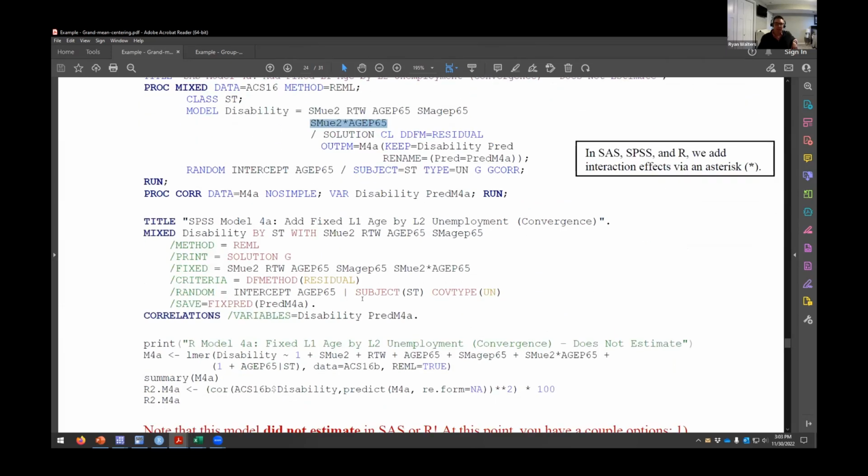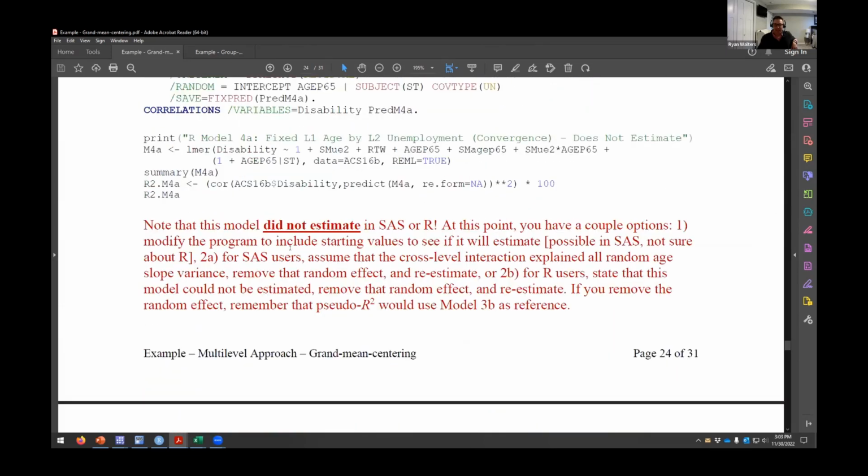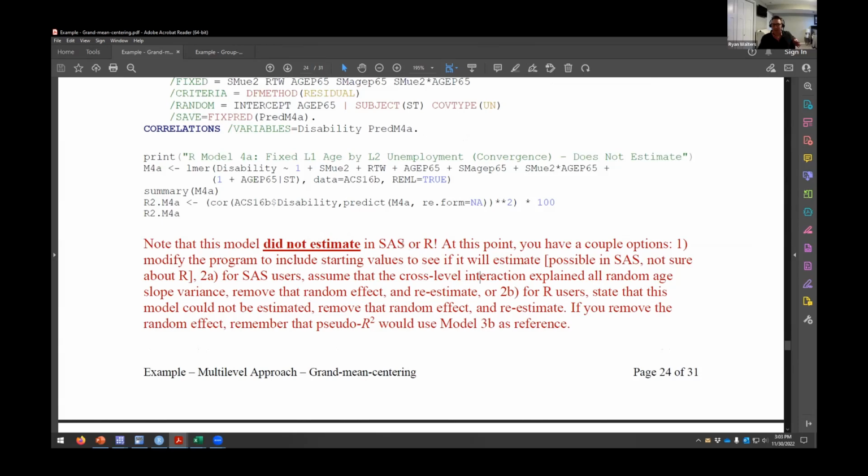Okay. Hiccup: this model didn't estimate in SAS or R. It didn't estimate previously in R because we had included the age random slope, but this is the first time it hasn't estimated in SAS. So you have a couple of options. Again, I don't expect you to estimate these models in multiple software programs. I definitely would not. If I was in SAS and I saw this model didn't estimate, the one thing that I would note to myself is, well, why didn't it estimate?